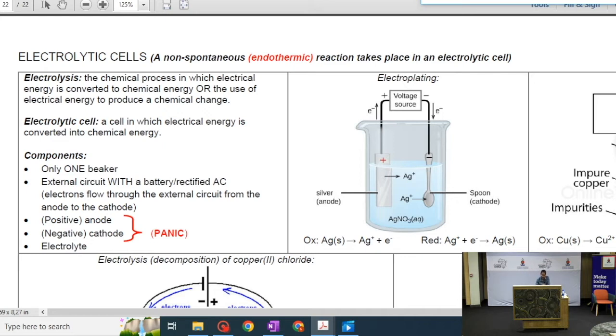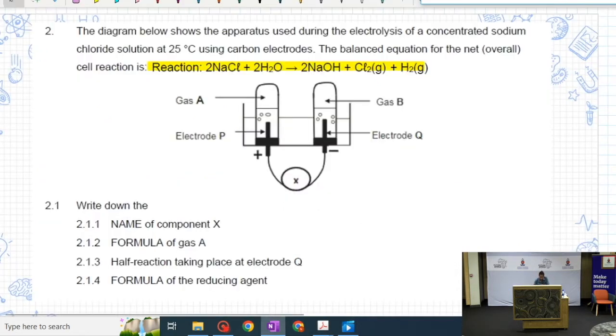With your electrolytic cells, you have a positive anode, P, positive anode, negative cathode, NiC, negative is cathode. If PANIC is for electrolytic cells, then for your galvanic cells it's the other way around. But please remember, oxidation is still at the anode and reduction at the cathode. That doesn't change. Have any of you identified my mistakes?